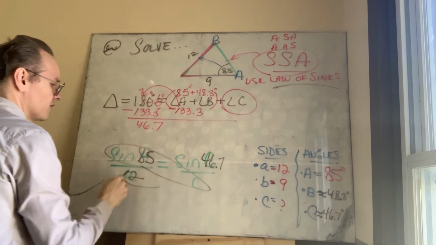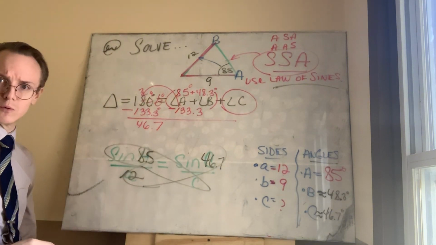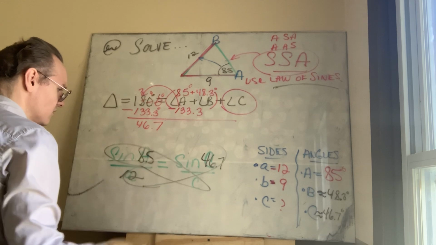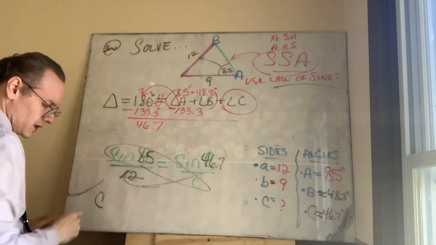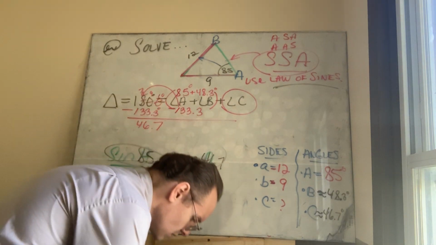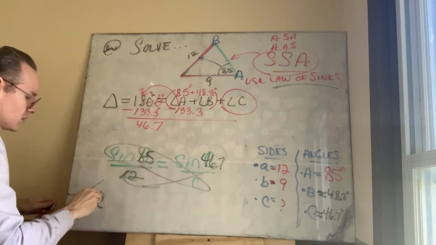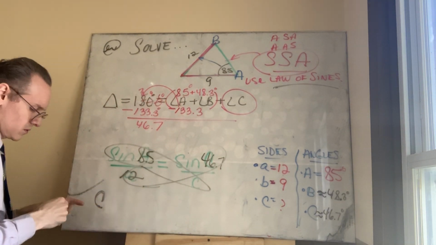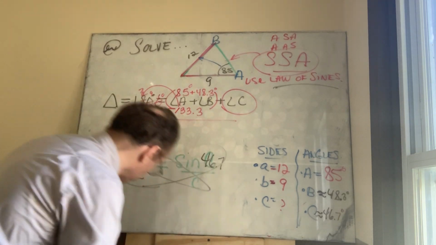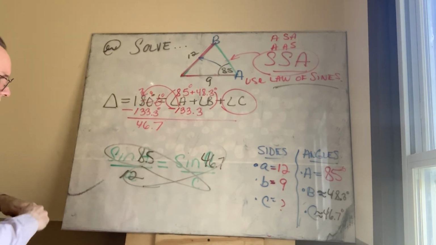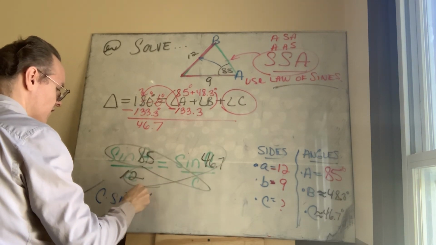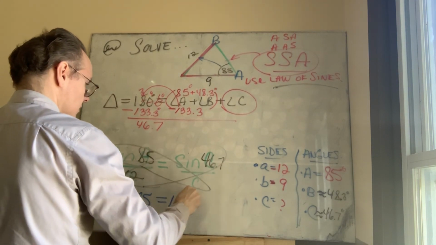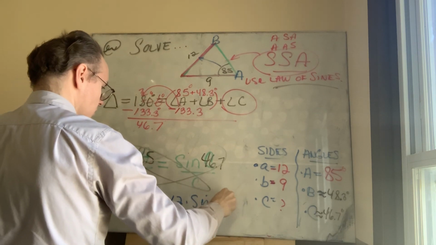So if I now perform cross multiplication techniques, in this diagonal I have C, this is fading out. See if this is any better. No, okay. C times the sine of 85 is equal to 12 times the sine of 46.7.